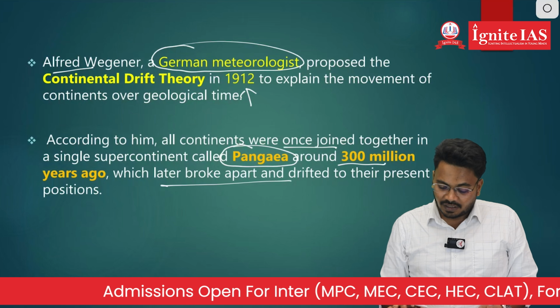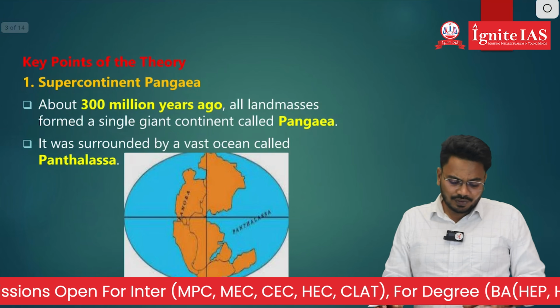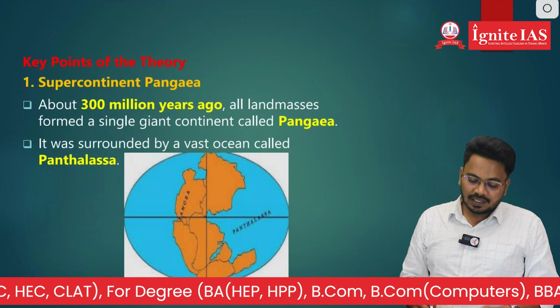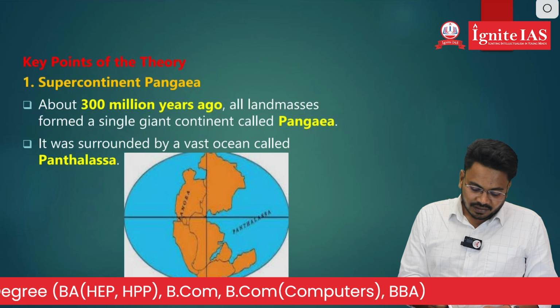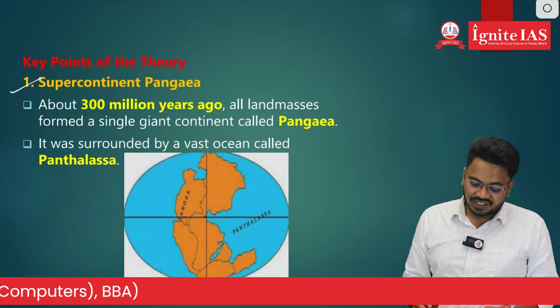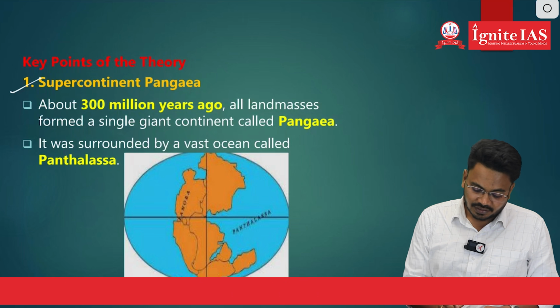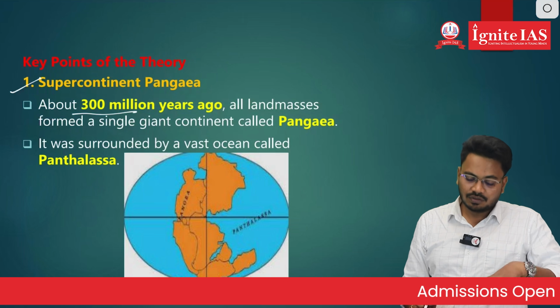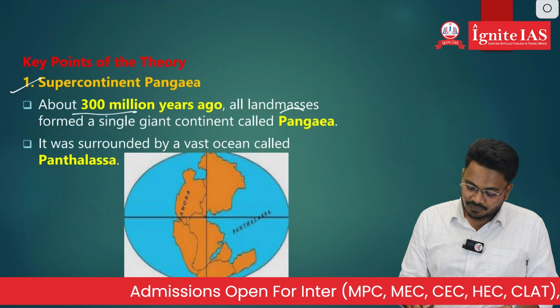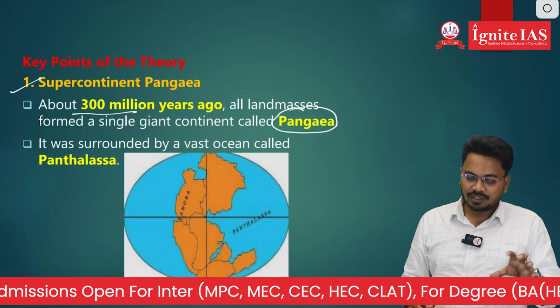the present 7 continents. Now if we see the key highlights of this theory, as I told you earlier, he says there was a supercontinent called Pangaea, and this Pangaea existed 300 million years ago, and that entire landmass we call Pangaea.